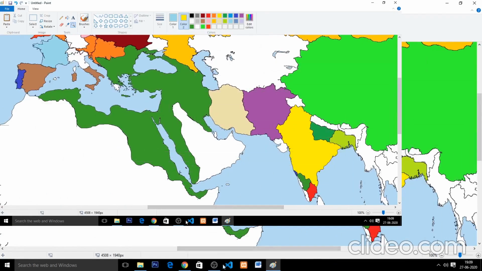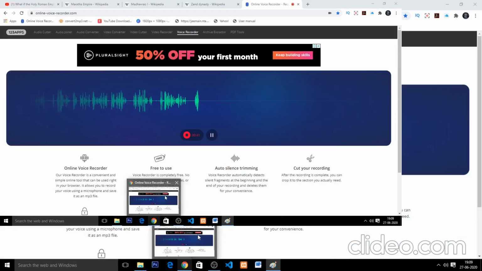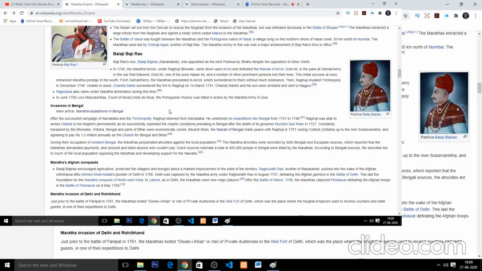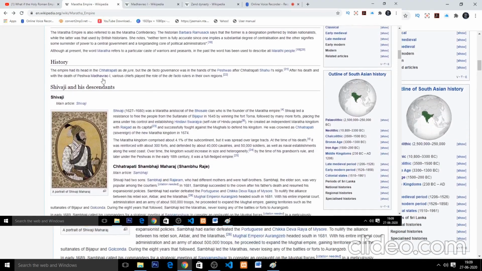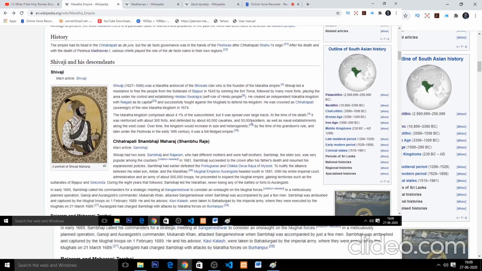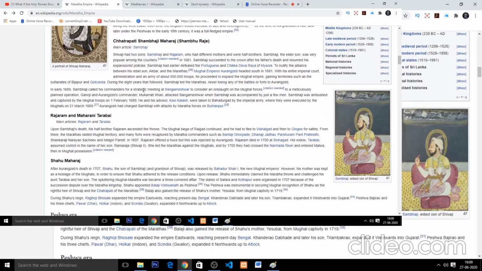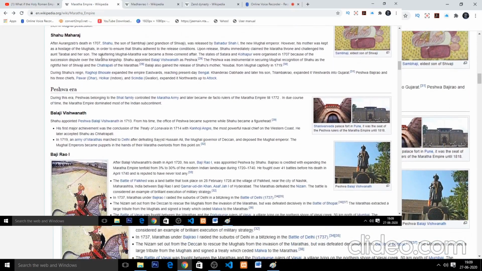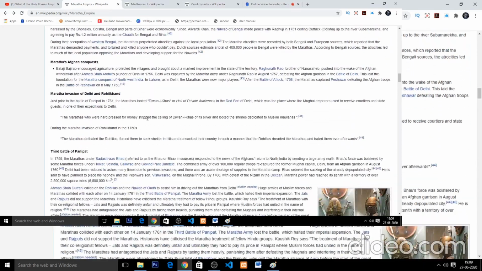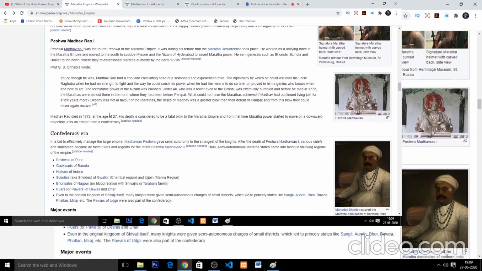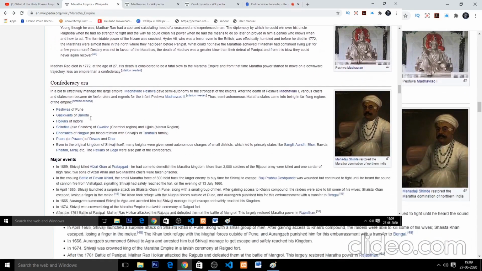So, the Maratha Empire, for those of you who don't know, was an empire which was created by Chhatrapati Shivaji Maharaj in 1674, and it continued to dominate Indian politics up till the death of Madhav Rao in 1772, and it was dissolved in 1857.